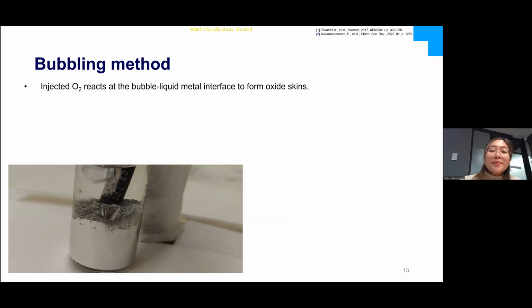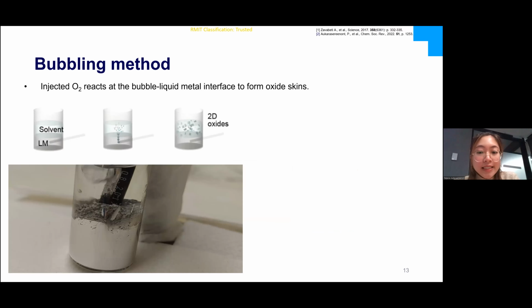In some applications such as catalysis or reinforcing polymer fillers, you might want large quantities of nanomaterials in liquid suspension that can be further processed later. So we have introduced one of the wet methods here, which is the bubbling method.